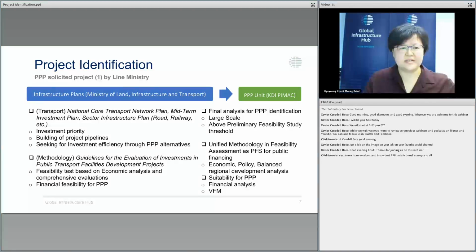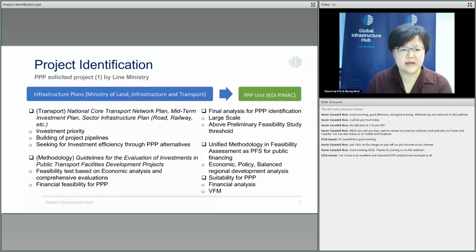Okay, the first stage is the project identification stage. The first type, PPP solicited project identification, is made by line ministries, especially the Ministry of Land, Infrastructure and Transport. They have a hierarchical infrastructure plan, the highest level being the national core transport network plan, and their multi-level, lower-level infrastructure plans.